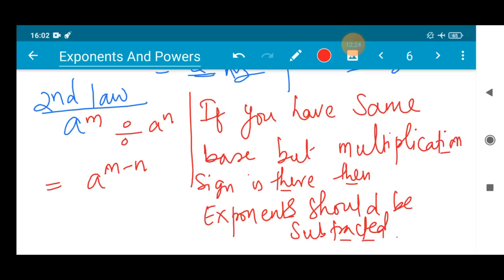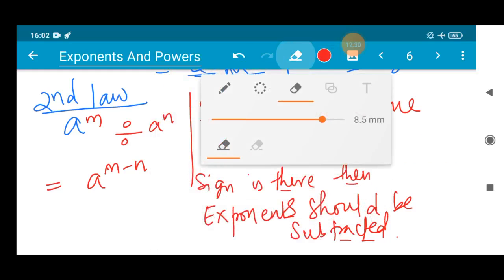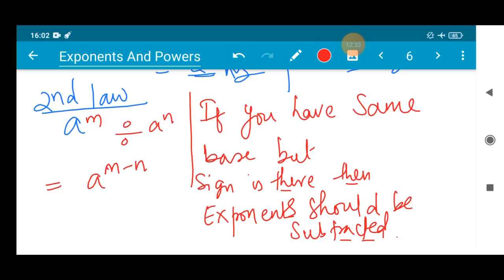Okay, so when you have the same base, but, sorry, here I have written multiplication sign. It should be division sign. If a division sign is there, then exponents should be subtracted.